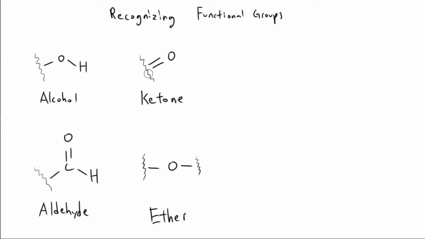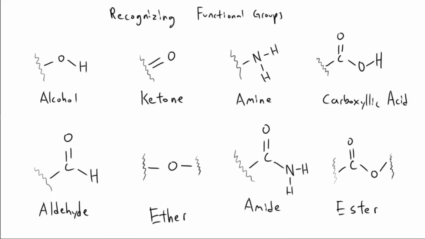A ketone will double bond to a carbon, replacing two hydrogens. We have four more. An amine will attach to the carbon chain as a nitrogen with two hydrogens on it. An amide will do the same, except that carbon will not have two hydrogens. It'll double bond to an oxygen, and then it will attach to the carbon chain.